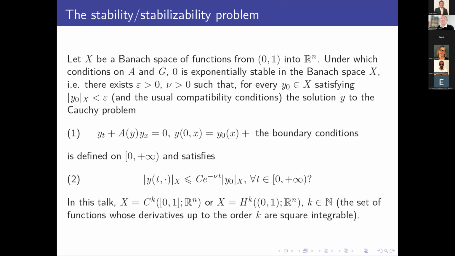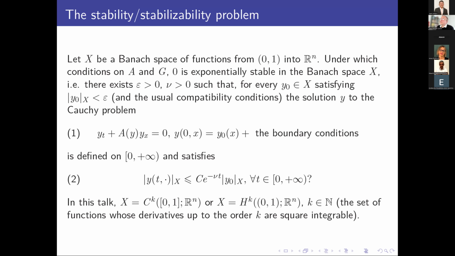And for the space, there are many possibilities. We are going to consider the case where the solution is regular. That is, the space will be either C^k, where k is at least equal to 1, because in this space we know that it's well posed. In C^0, it's not well posed, but in C^k it's well posed for k at least equal to 1.